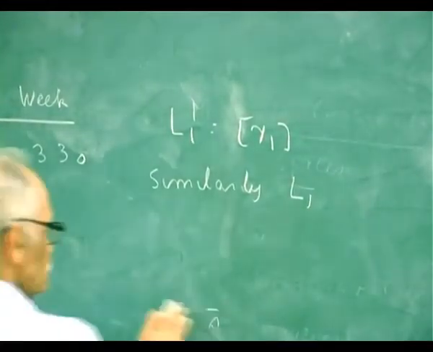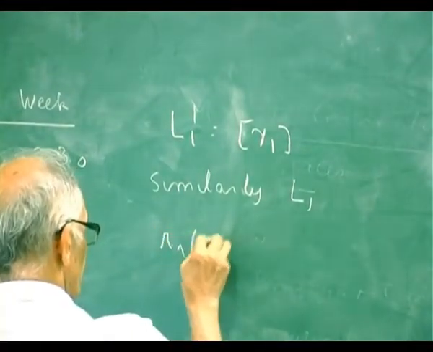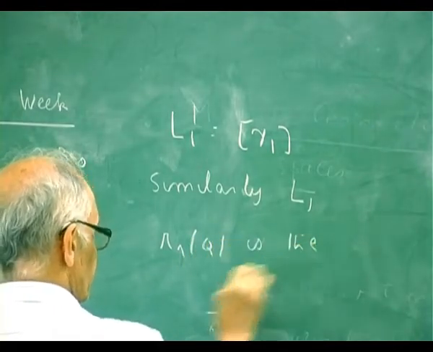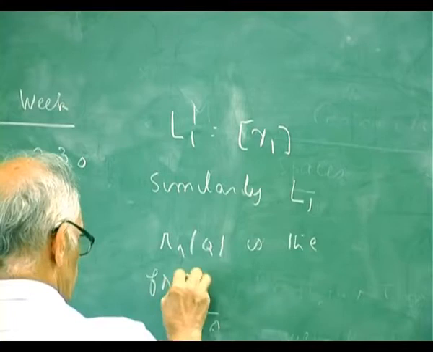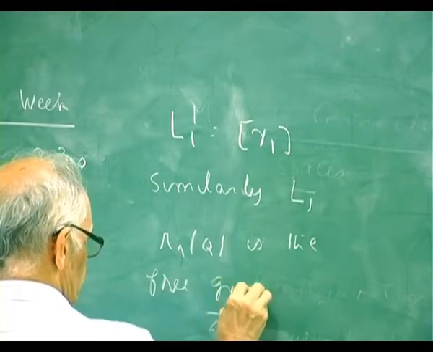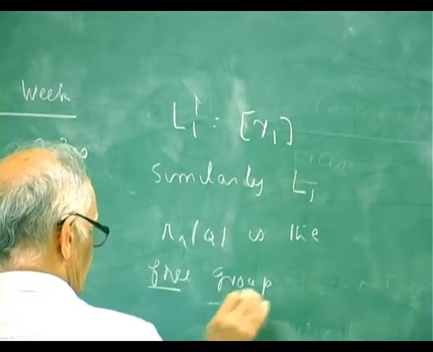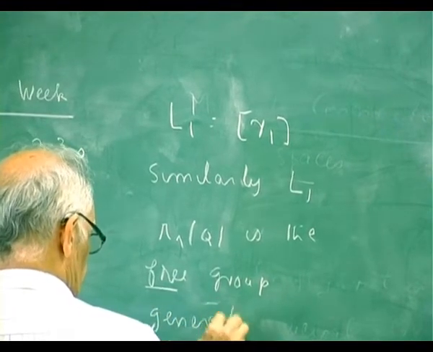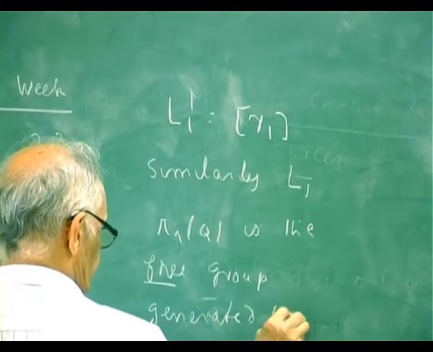Then pi 1 of Q is a free group. You know what I mean by free, generated by Li.